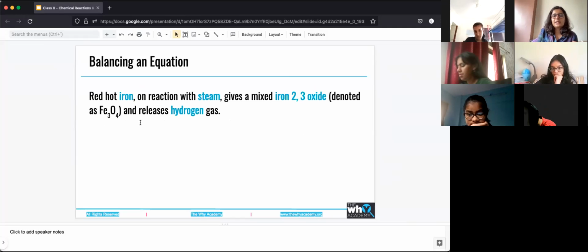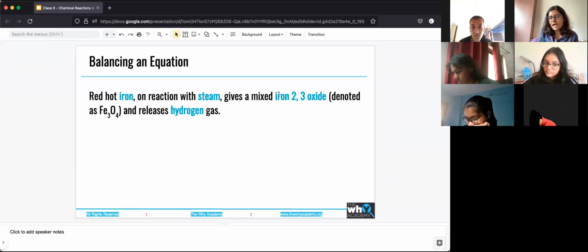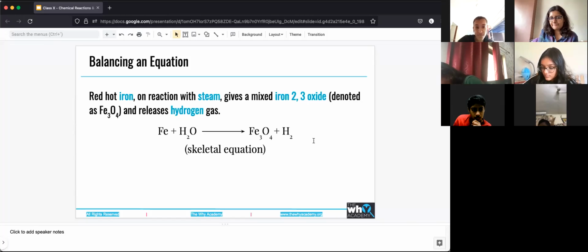Note this down. Red hot iron on reaction with steam gives a mixed iron 2,3 oxide. So for your convenience, the formula is also given here. Iron 2,3 oxide means that in that oxide, iron is both +2 and +3. That's why it is Fe3O4, and it releases hydrogen gas. So this is the equation.